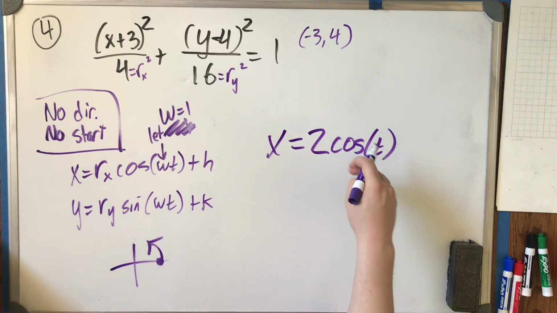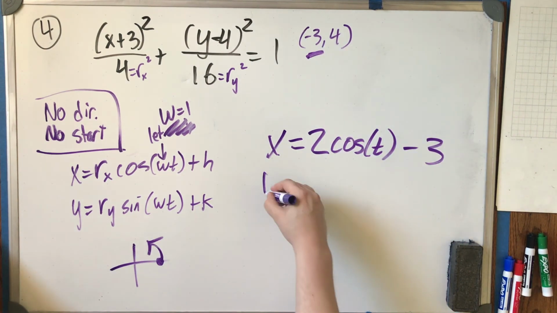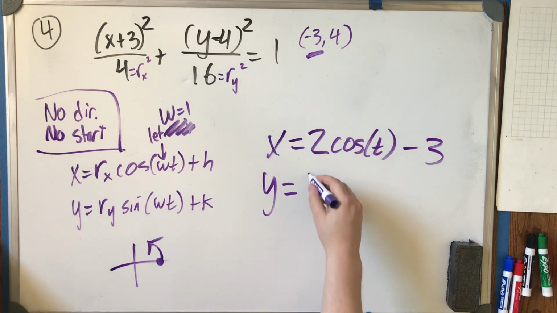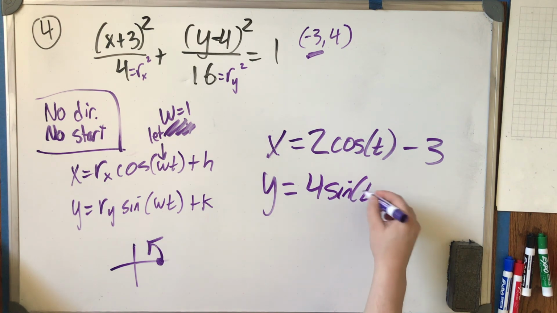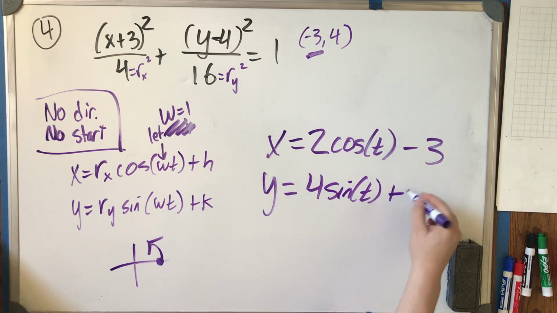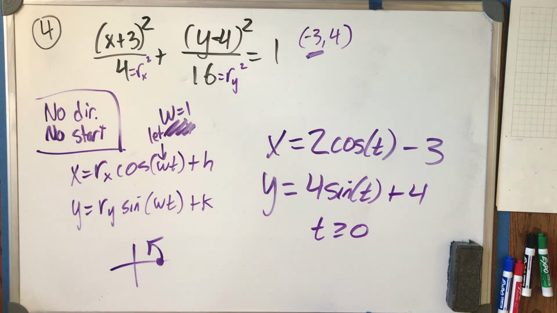So I'm just going to put t in the parentheses and then -3 to get that starting point. Y is going to be 4. That is the radius in the y direction. Sine, parentheses t, inside, plus 4. And then all I got to do is just put some sort of interval there. We don't really care because they didn't tell us about it, but it's nice to include an interval. And there you have it.